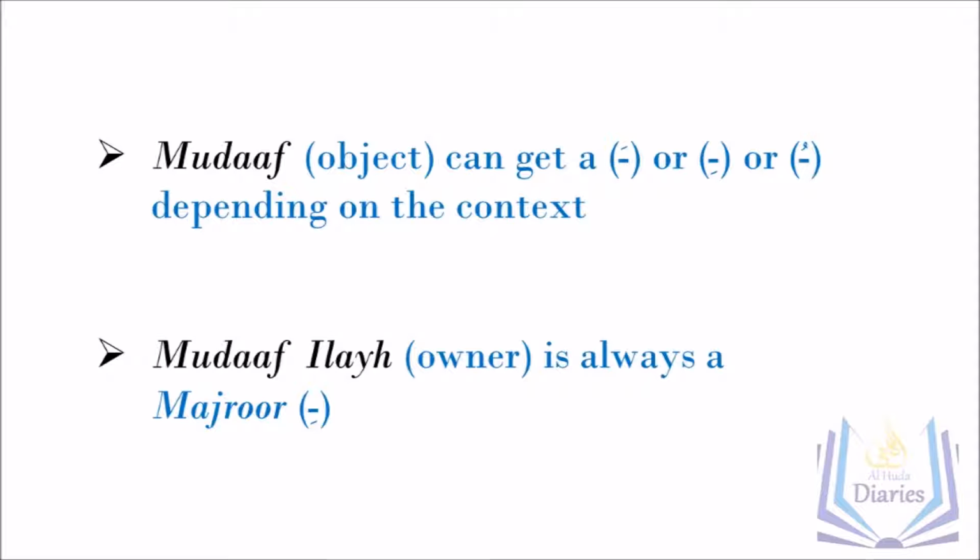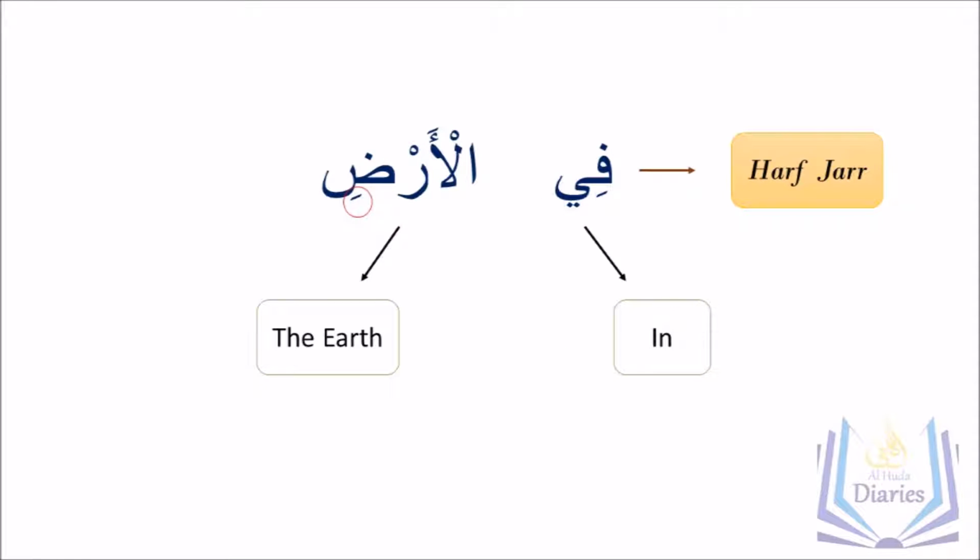Whereas the mudaf ilay, in both cases in this example Allah, always maintains its state of majroor. And this particular verse goes on to say, min rizqillah wala ta'thaw fil ardi. So we see again al-ard is getting a kasra because of the presence of fi.